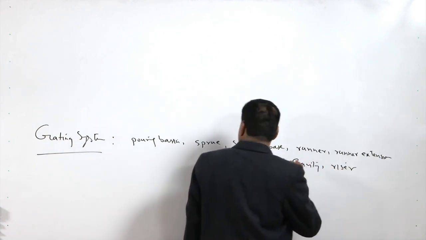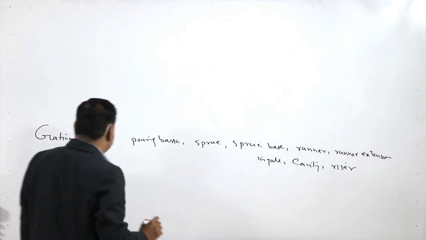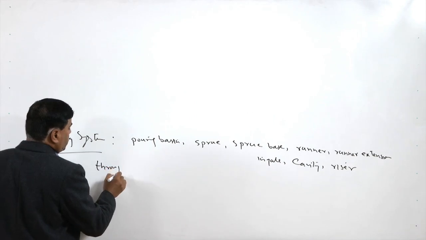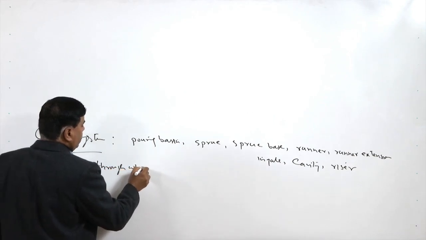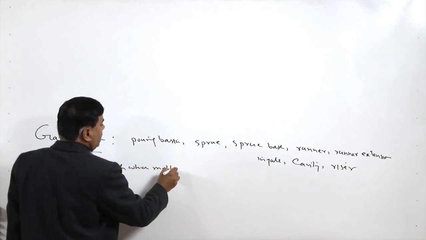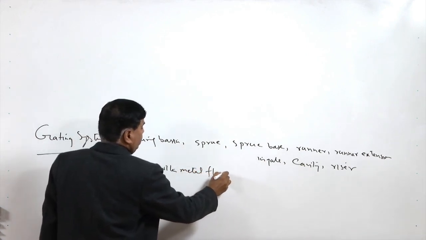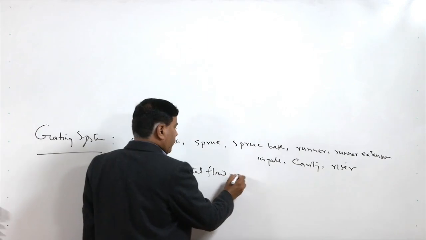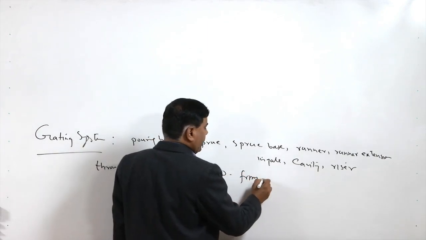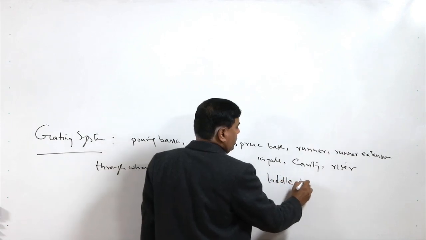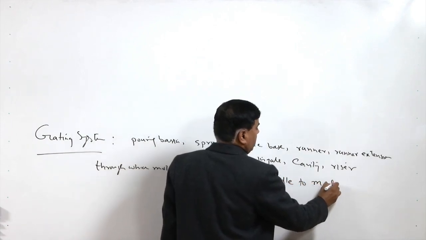So, these are the different elements, this is the sequence through which molten metal flows from the ladle to the mold.